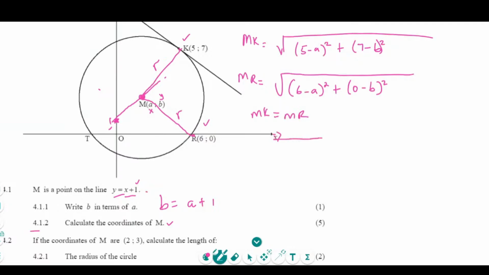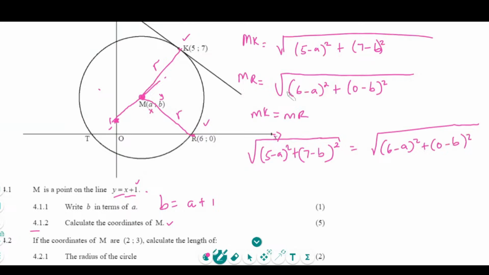So that is the square root of 5 minus A squared plus 7 minus B squared equals the square root of 6 minus A squared plus 0 minus B squared. So I'll square both sides, and then the root signs will fall off. Then I'll substitute B with the first equation. So this is going to be 25 minus 10A plus A squared.